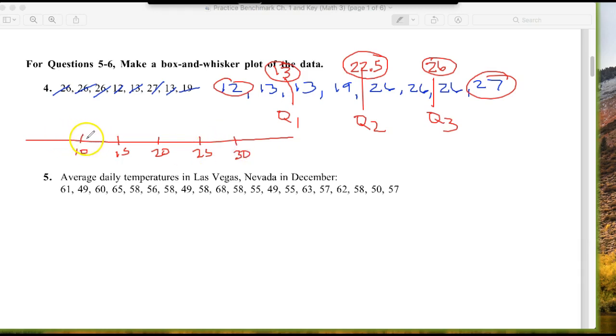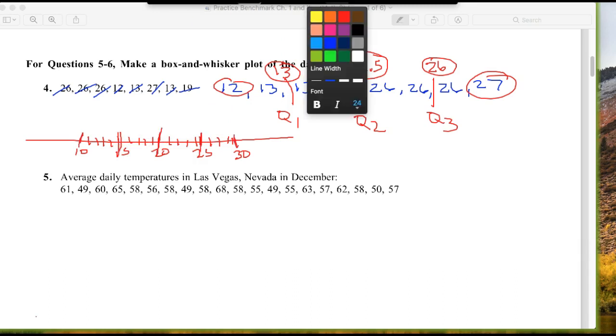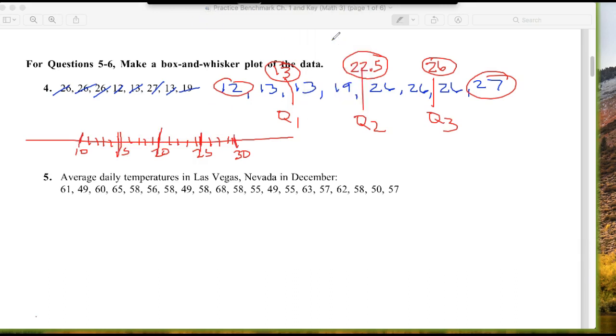And if you want, go 10, 11, 12, 13, 14 and just put little ticks in between, because you like to be a little more accurate. I didn't put enough ticks in here. 26, 27, 28, 29, 30. Did I put enough ticks here? 1, 2, 3, 4. 1, 2, 3, 4. There we go.